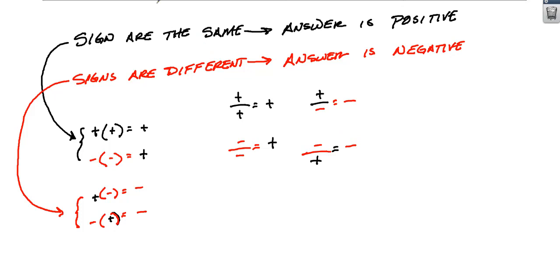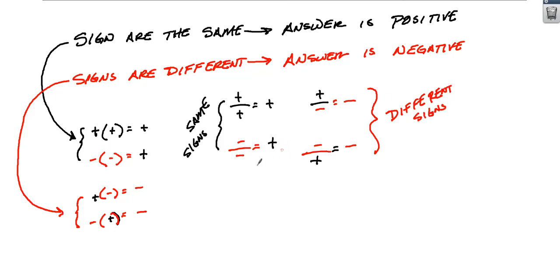Same signs, positive answers. These are same signs. Positive answer. Different signs, negative answer. So different signs will always give you an answer that's negative. And that sums it all up.